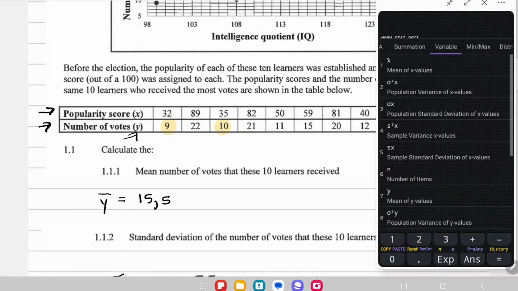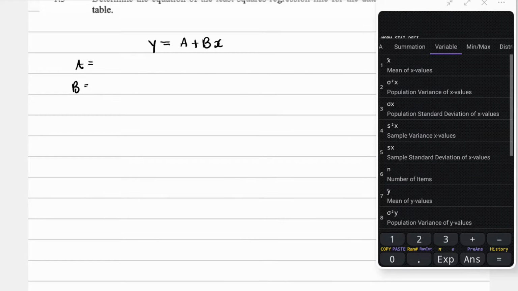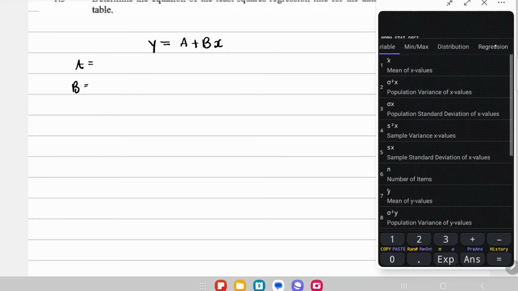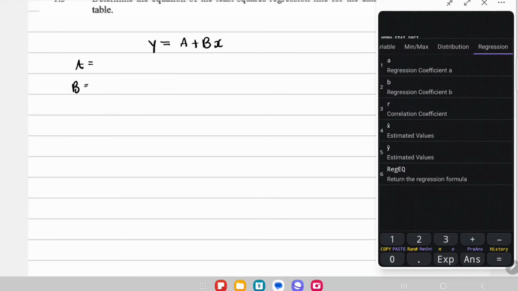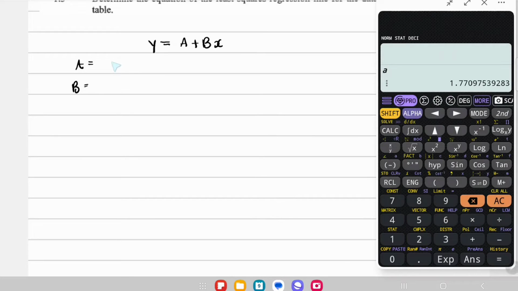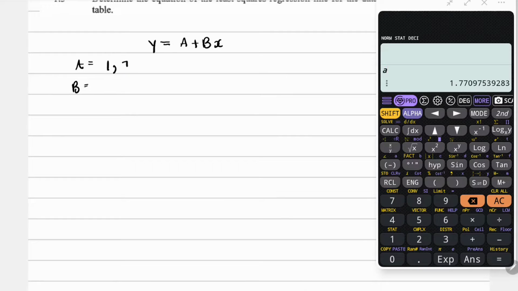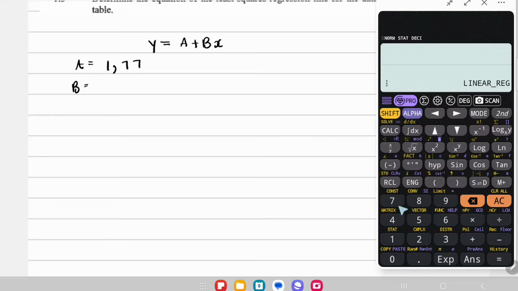And then when your options pull up, you are going to now go for option 5. Because option 5 is where we deal with things related to regression. Okay, so we're going to go ahead and go for regression option 5. And then you see your variables. We want the value of A, so go for option 1 and say is equal to, and we see that that gives us 1.77. Again, to pull up your data, you can just say Shift 1.